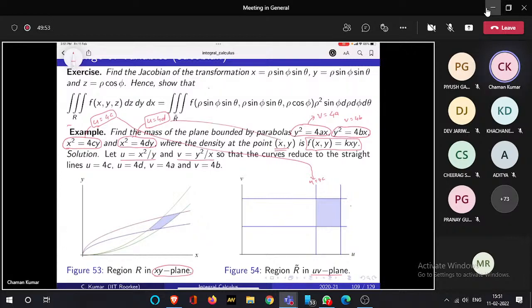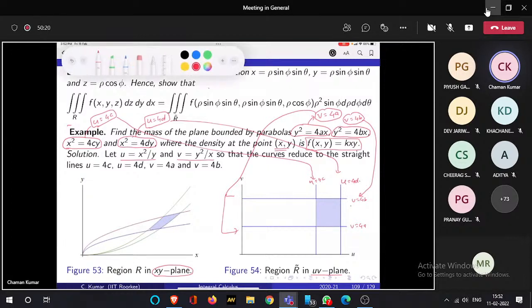Another straight line u is equal to 4d. So this is u is equal to 4d. Another one is v is equal to 4a. So you can say this is v is equal to, just arbitrarily choosing, v is equal to 4a. This is another straight line, and this is another straight line, v is equal to 4b.